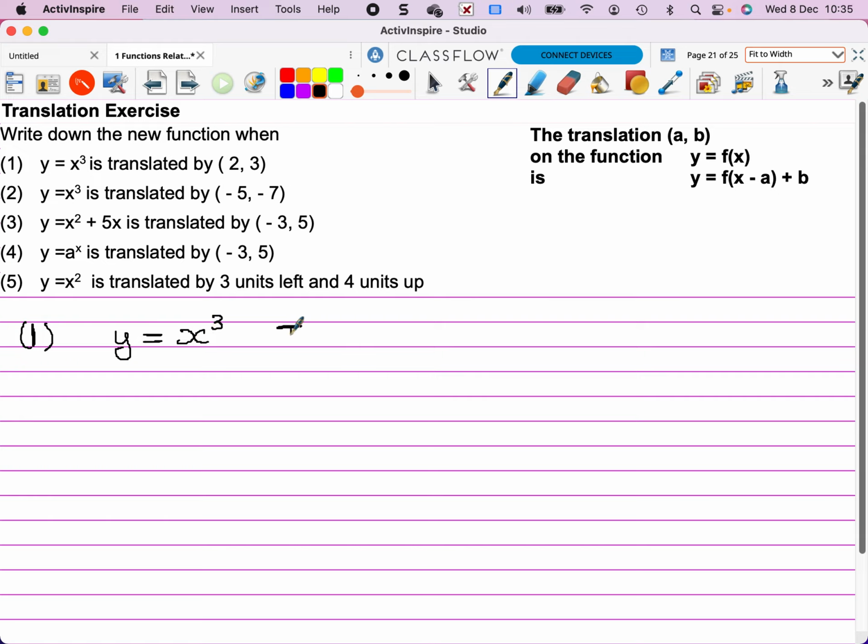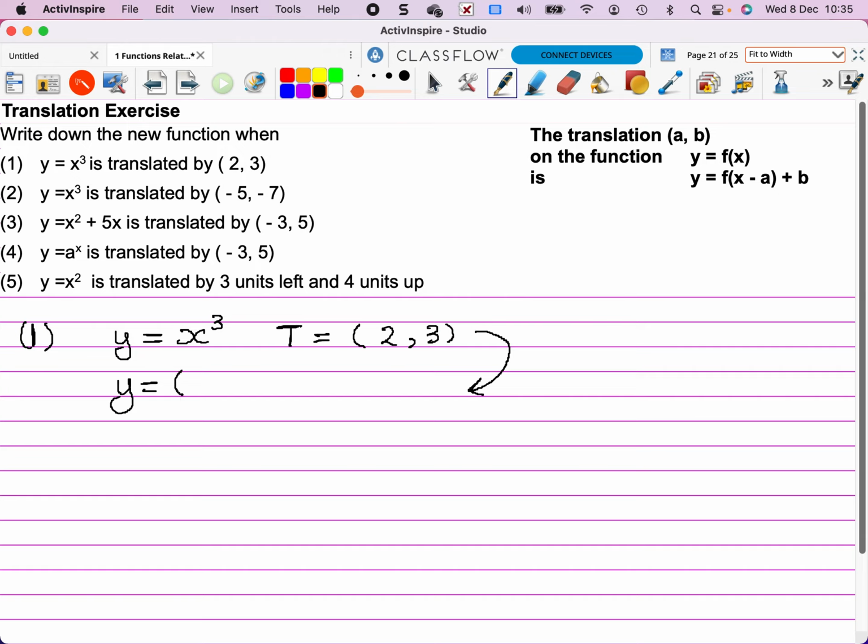We've got the translation, and the translation is equal to (2, 3). We're now going to get the new function which is generated after we apply this sliding motion 2 to the right and 3 up.